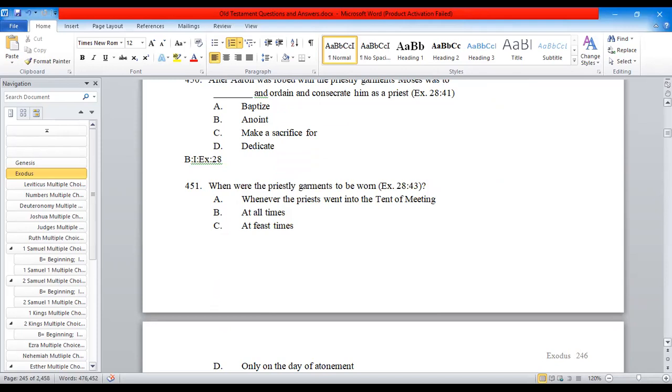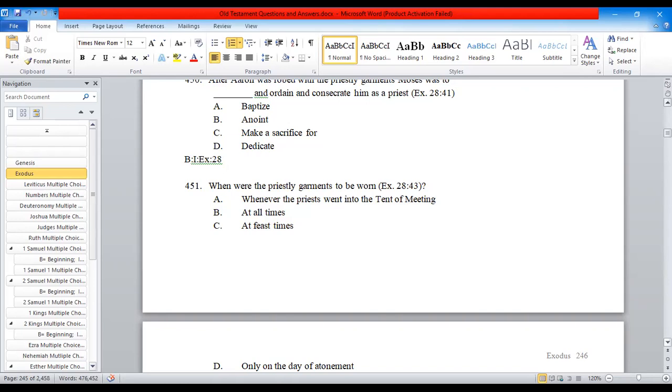When were the priestly garments to be worn? All the time. Are you sure? The way you read it, Aaron and his sons must wear them whenever they enter the tent of meeting or approach the altar to minister in the holy place, so that they will not incur guilt and die.